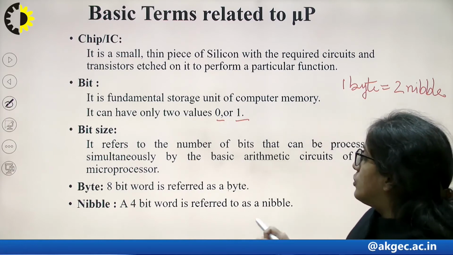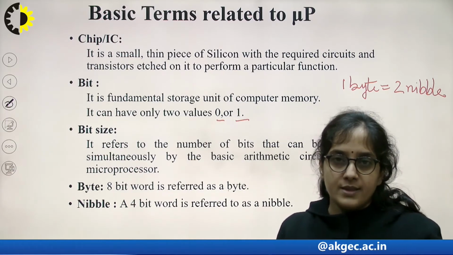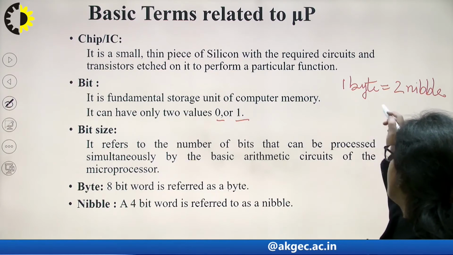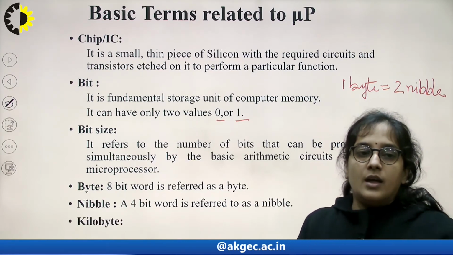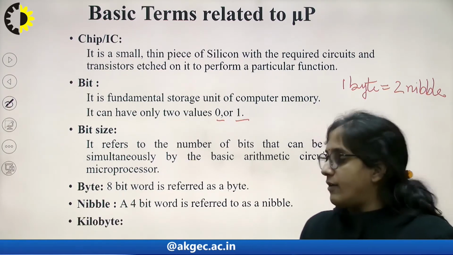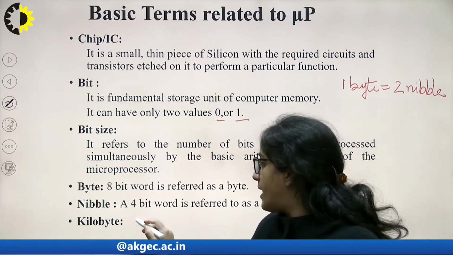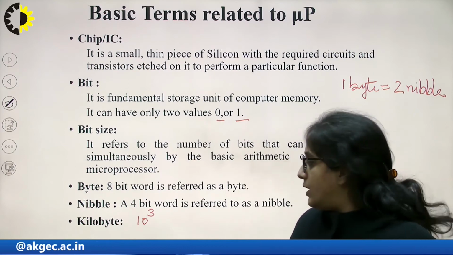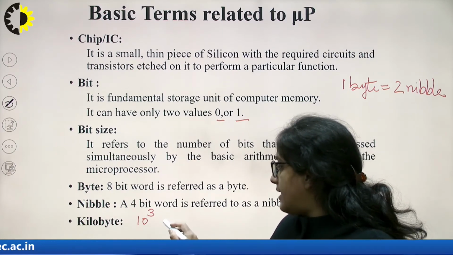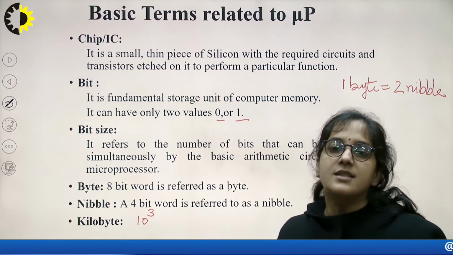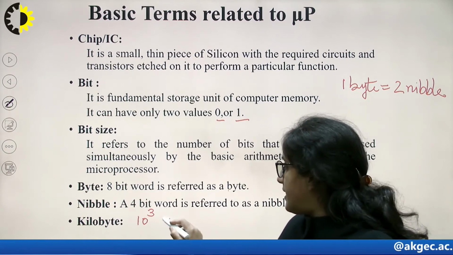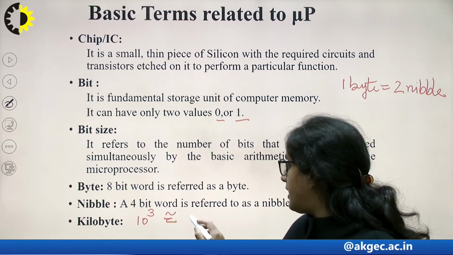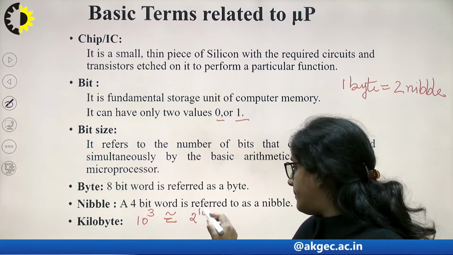Okay. So, nibble means a group of 4 bits, and 2 nibbles will constitute 1 byte, then 1 kilobyte. We can define this kilobyte: kilo means 10 raised to power 3, as we know. In case of binary data, that is 0101, kilo is approximately equal to 2 raised to power 10.